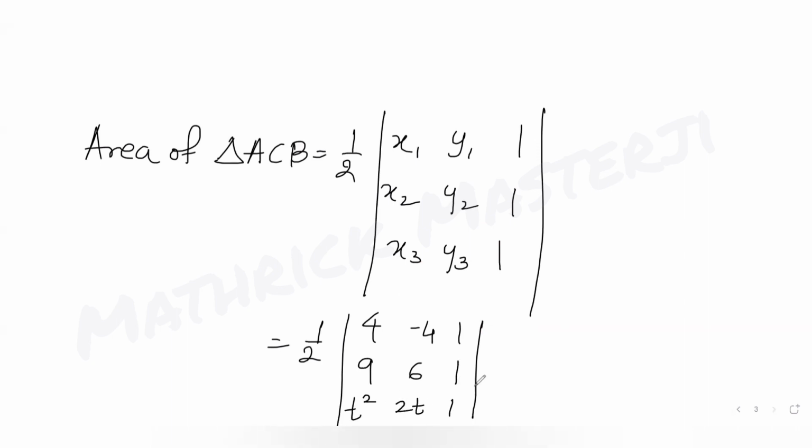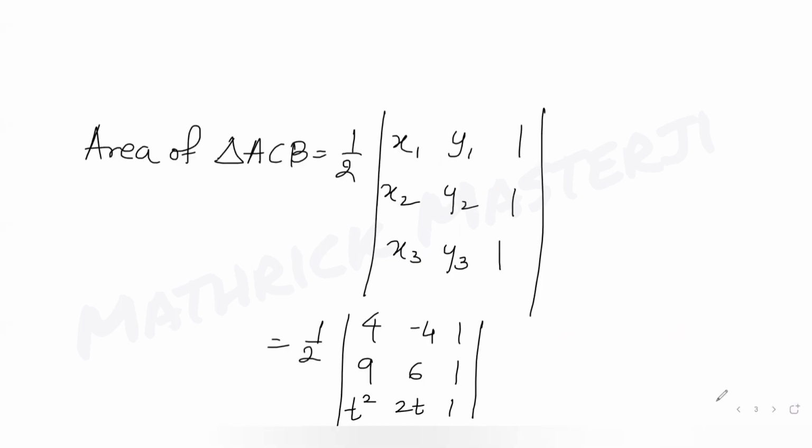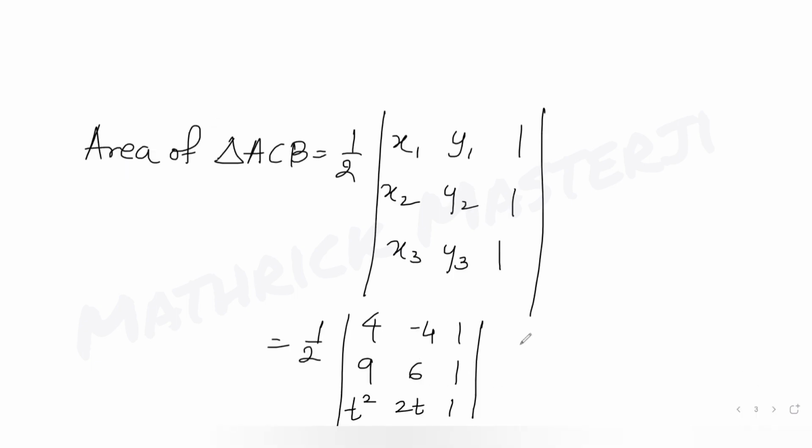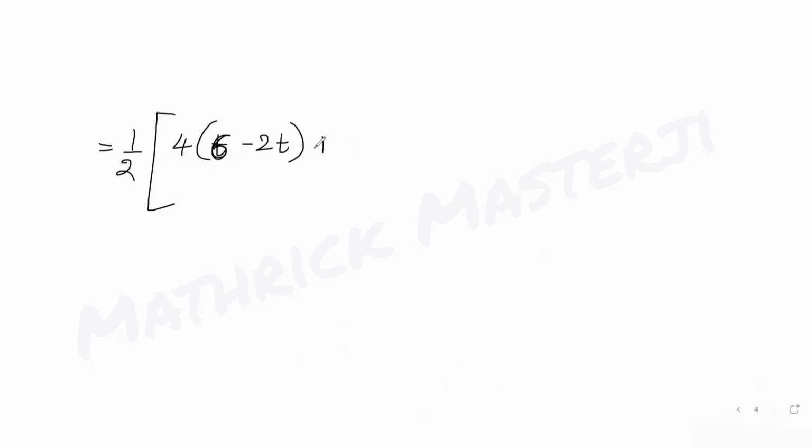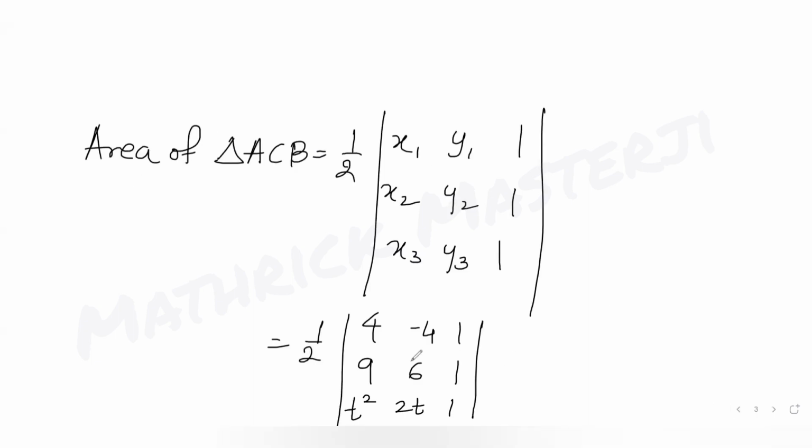So if I solve this determinant, first half, you have 4 times (6 minus 2t). Then you have minus of minus 4, so it becomes plus 4, and here you get (9 minus t square).